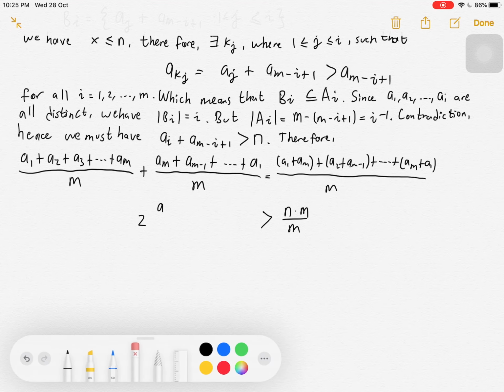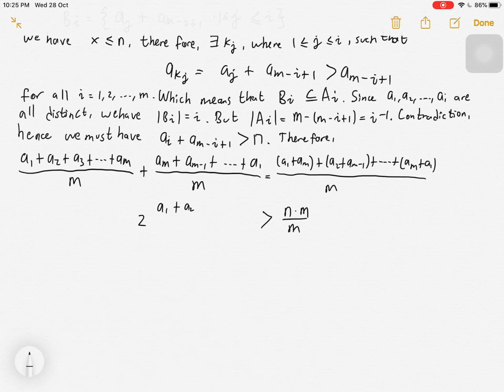Sorry, let's start with a_1 plus a_2 till a_m divided by m. Therefore, we have a_1 plus a_2 plus so on until a_m divided by m is greater than n over 2.